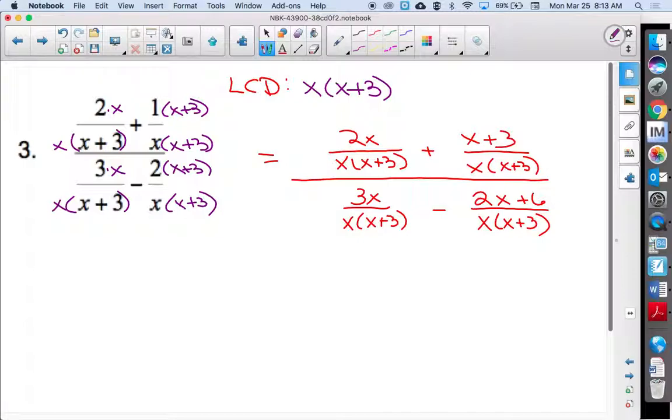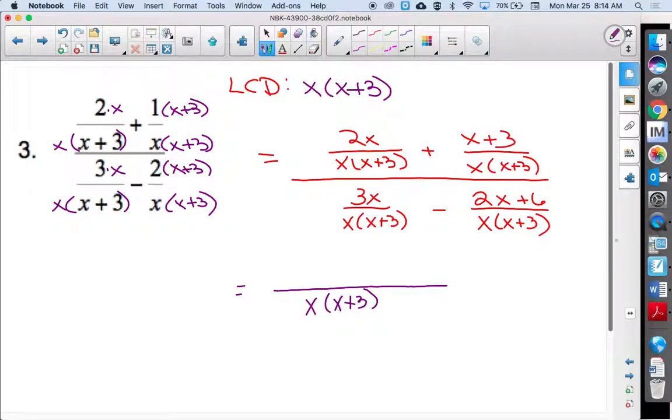So Mackenzie Mallory, what'd you get on your numerator? 2x over x plus 3 plus 3x over x times x plus 3, divided by 3x over x times x plus 3 minus 6x over x times x plus 3.